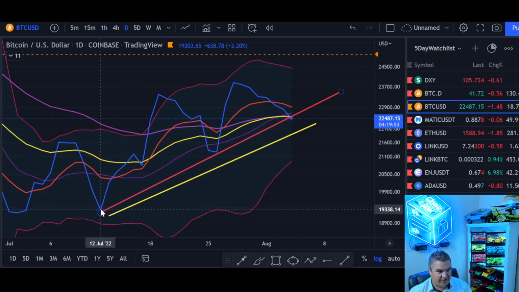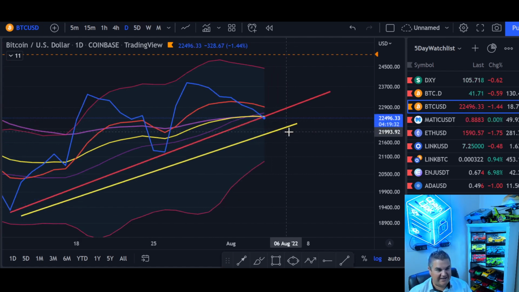So each day or each time frame you go through, right? If you're looking at the hour chart, each time you move you see how my mouse jumps there? Right? So each time you move it over, that's the close of that session. So that's why we draw from the closing candles to be the most technically correct. And if you're going to be correct, might as well be technically correct.